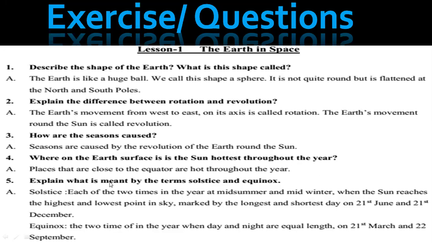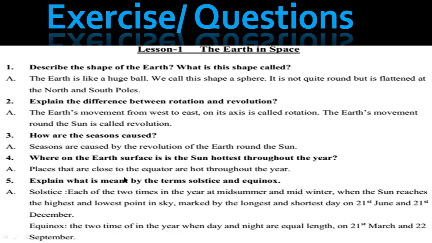Places that are close to the equator. You know equator? The middle, an imaginary middle line on the earth, around the earth. We cannot see that line, but to study the earth, we have these imaginary lines.